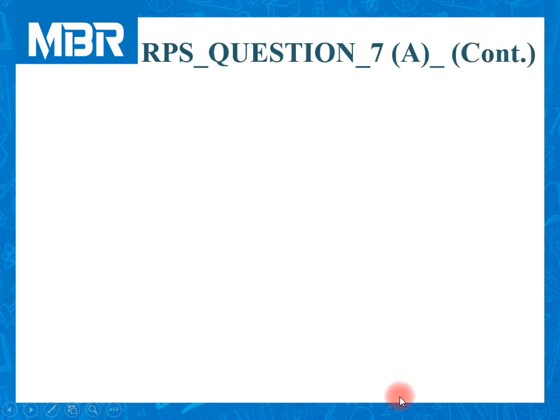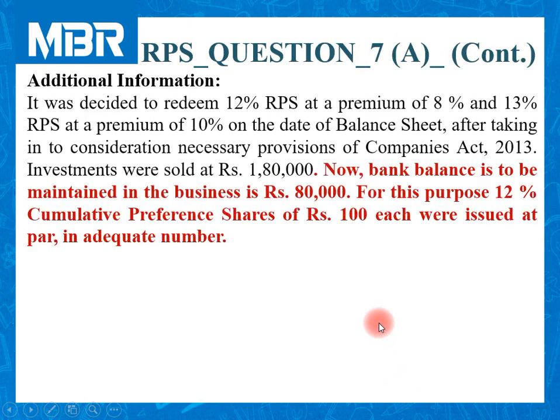and debtors. In additional information, it is given that we need to redeem both the categories of preference shares at different rates of premium. On 12% RPS, we need to pay 8% premium, and on 13% redeemable preference shares, the company has to pay 10% redemption premium.